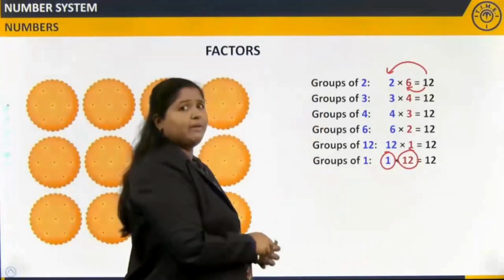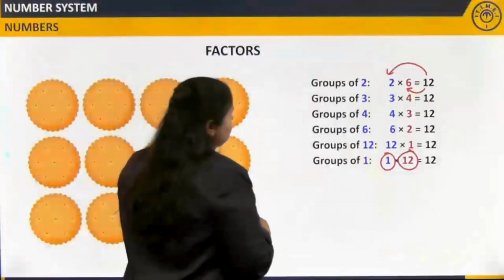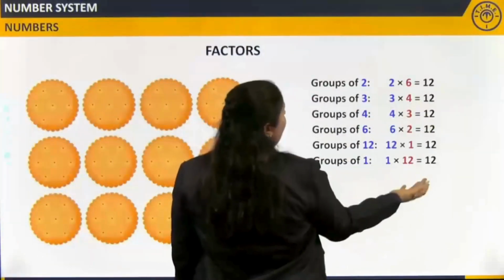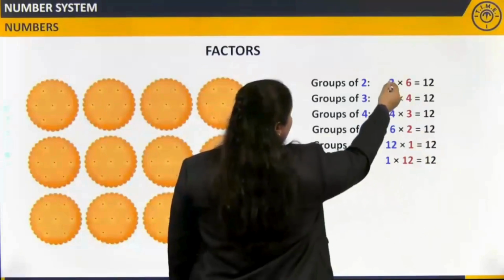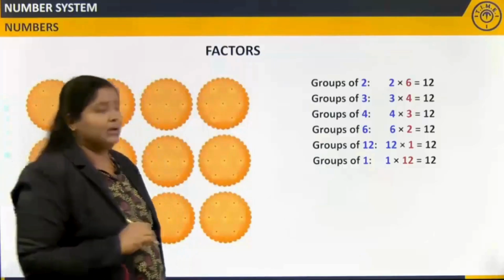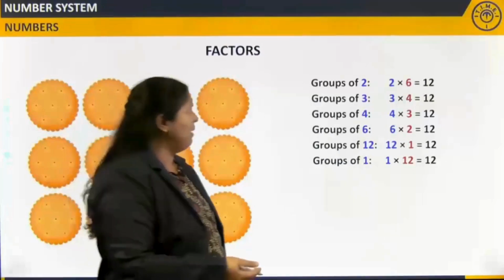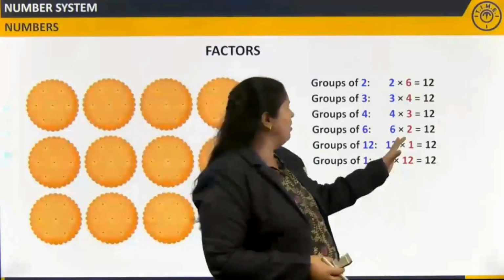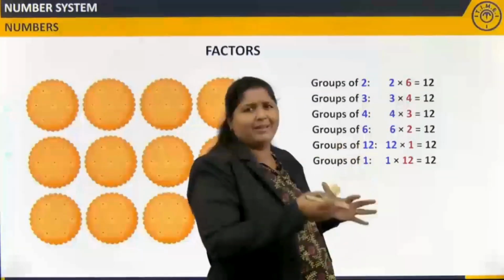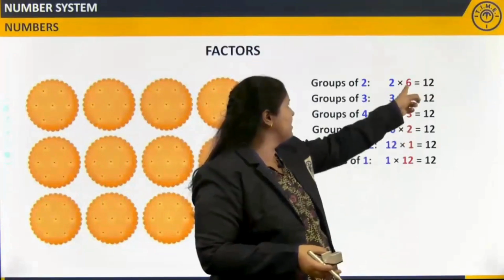And if you carefully observe here, the red and blue numbers that are listed here. Okay. They are the same but in different order. What are these blue ones? I told you initially. Number of cookies in each pack. And what are these red ones? Number of packs, right? But see, they are the same numbers here and there. They are kind of jumbled. Here 4 is there, there it is 4, 3, 3, 6 is here, 6 is there.